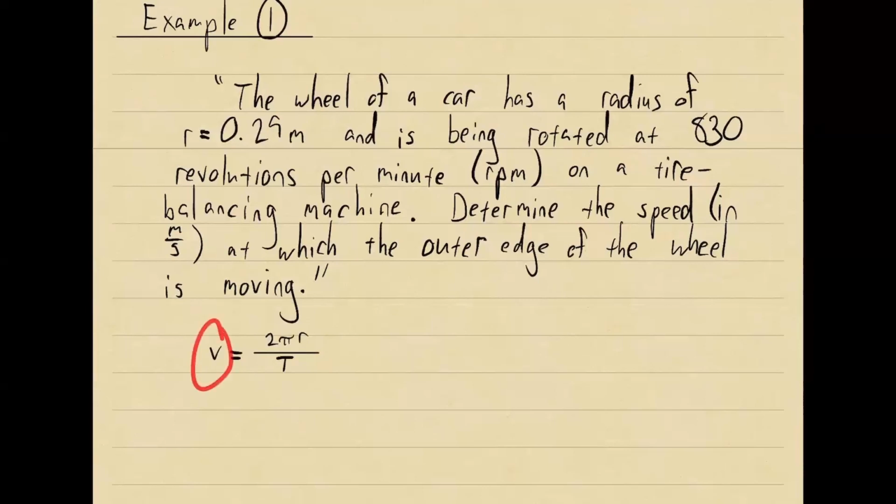So we're trying to find this, and we know the radius because that's given to us, and 2 times pi is just a number. So we've got to do a little bit of work in order to find T, the time for 1 revolution.